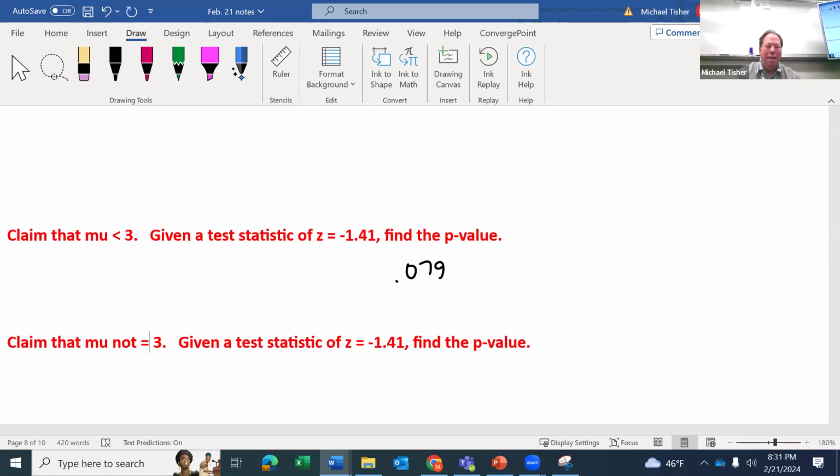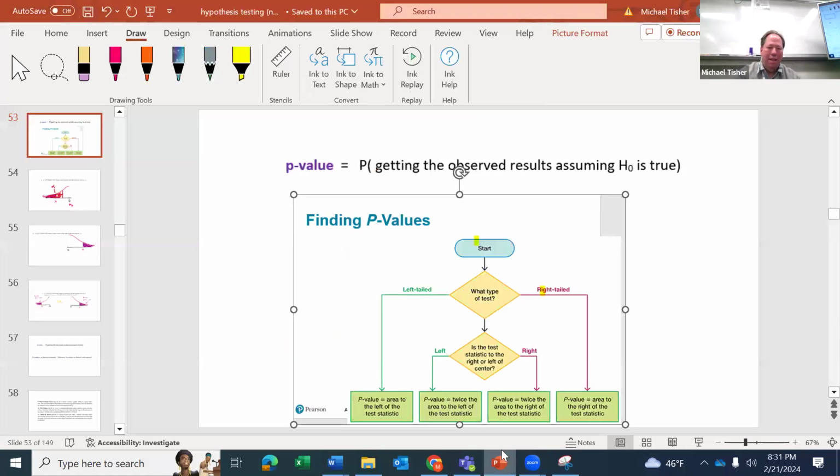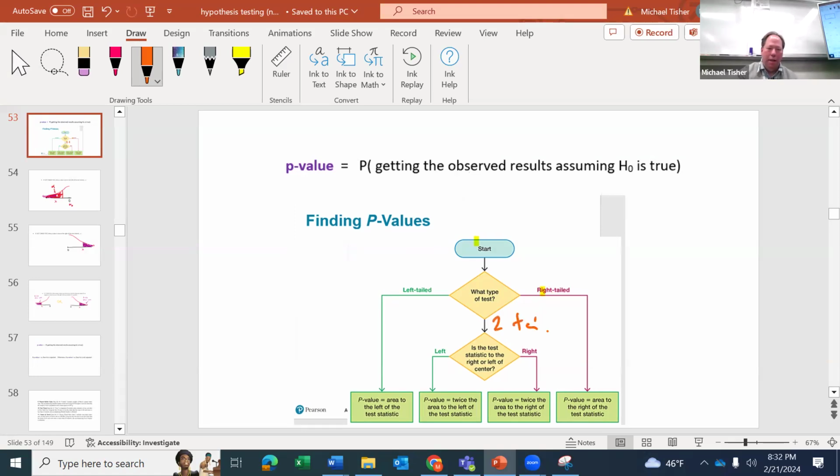Now this one's probably misleading here. So let's go to the flow chart. There's a branch for left tail and a right tail, but no two tail. So two tail is this way. So you go down.